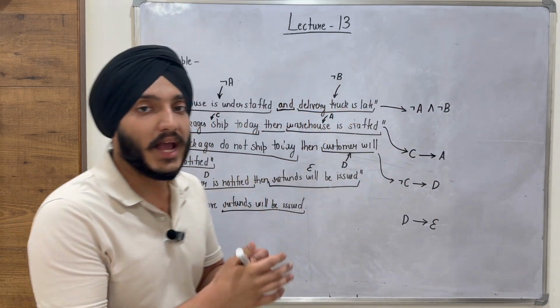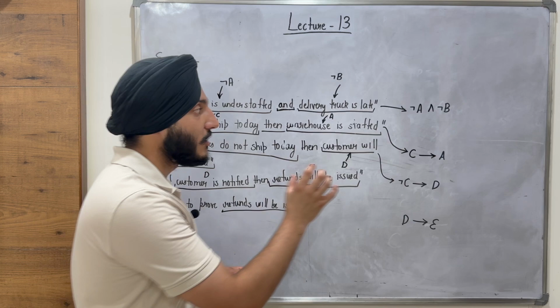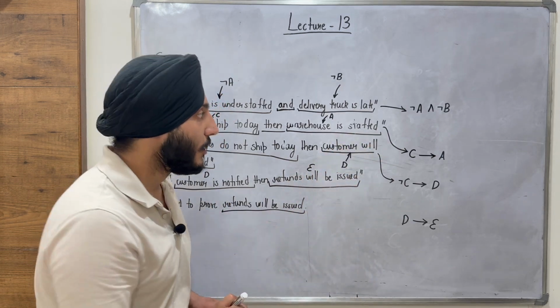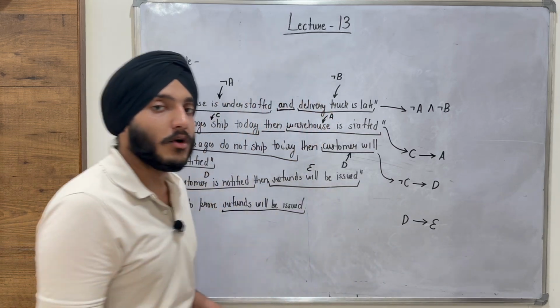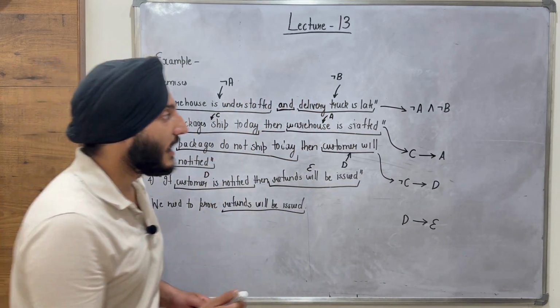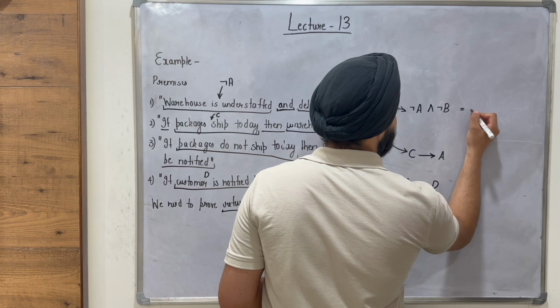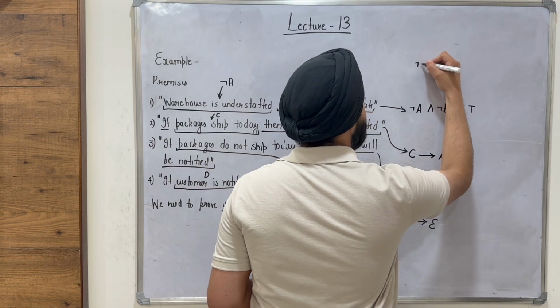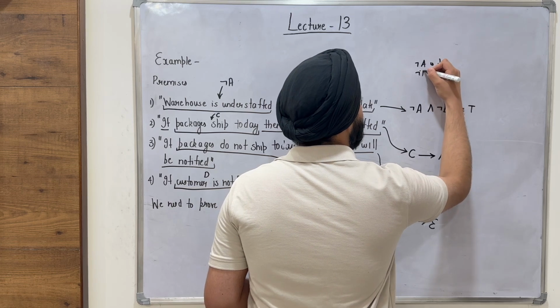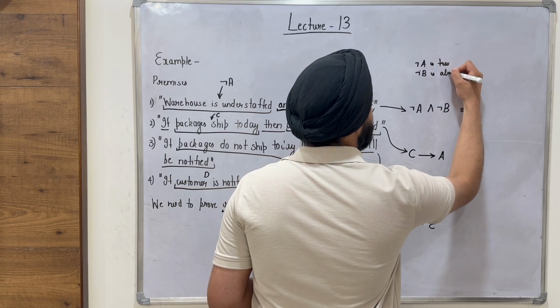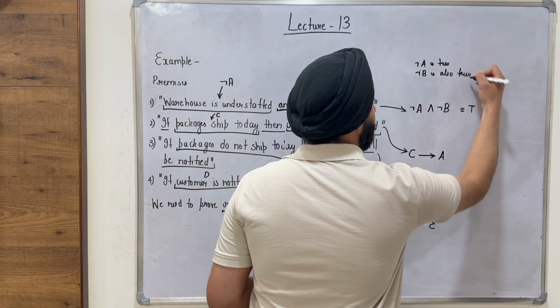I need to figure out any conclusions that I can using the rules of inference that I already know. So I see negation of A and negation of B is true, right? What are the conclusions that I can form, right? If this is true, that means negation of A is true, negation of B is also true, right?